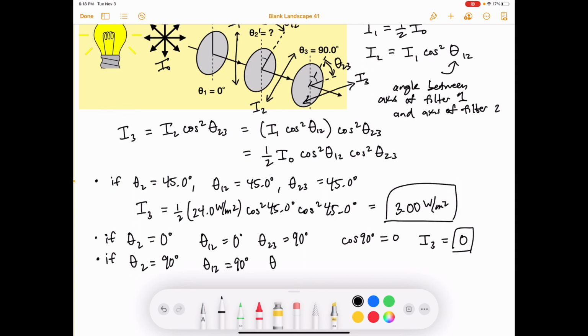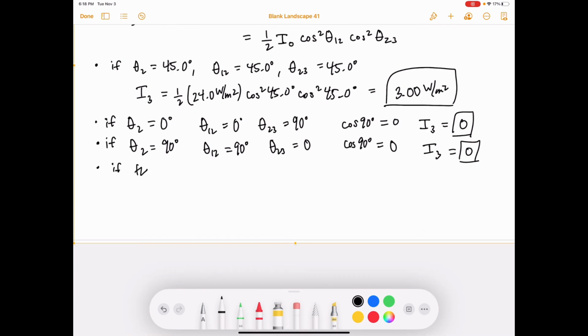And then theta 2, 3 is 0, because those are both now perfectly horizontal. But again, for the same reason as before, we're going to have a cosine 90 degrees in the equation, which is going to give us 0 transmitted intensity. So whenever you have two filters, one after another, that are at 90 degrees, you're going to get 0 transmitted intensity. Okay?